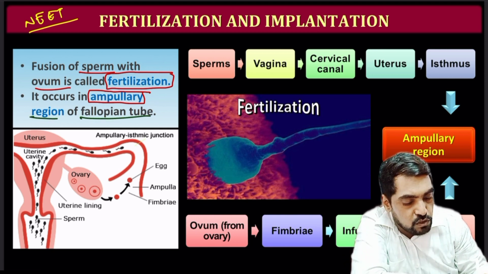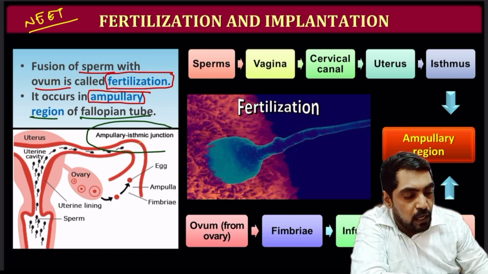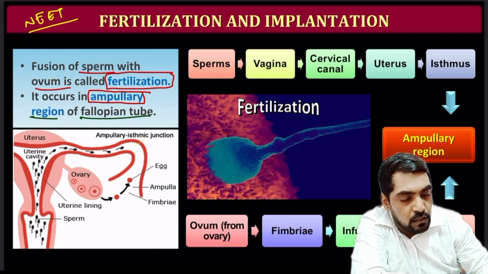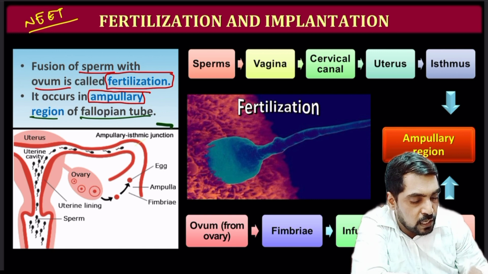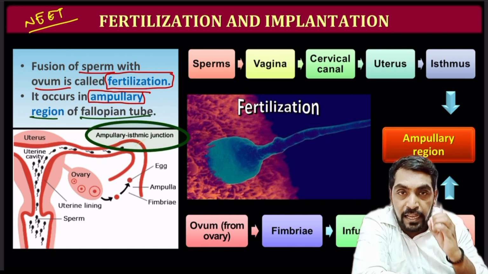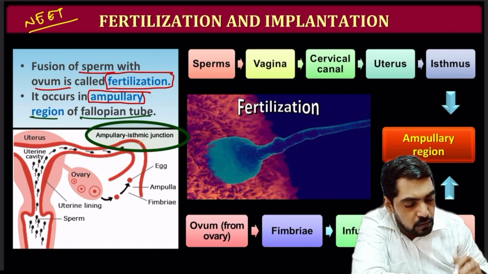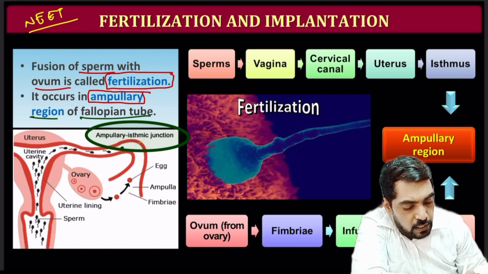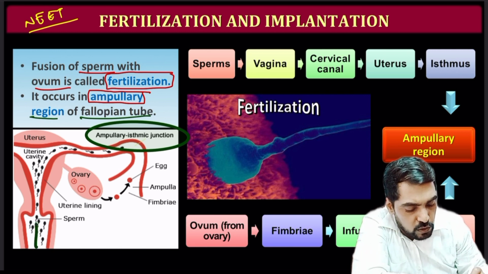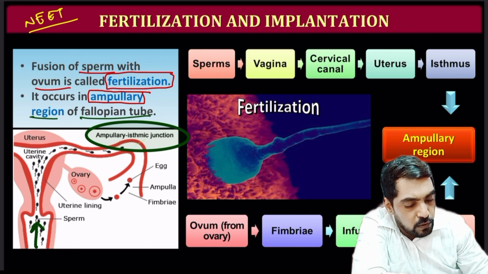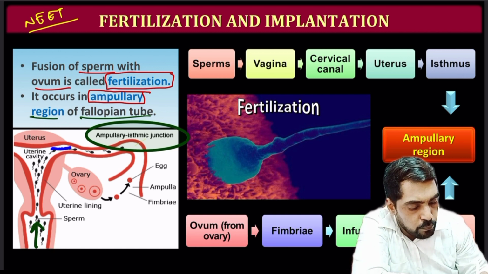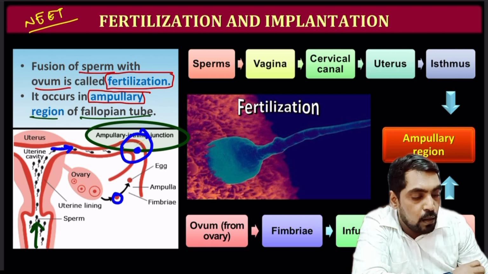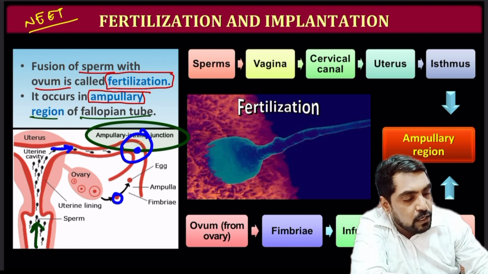Where is the ampullary junction? It is here, the ampulla-isthmic junction, and this is the site where the sperm and the egg meet and fertilization takes place. This is the pathway through which the sperm travels, into the fallopian tube, and finally it reaches the ampulla where the egg from the ovary comes and the sperm unites to form the zygote. So let us look at the pathway.